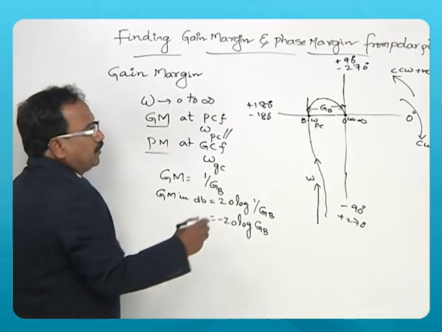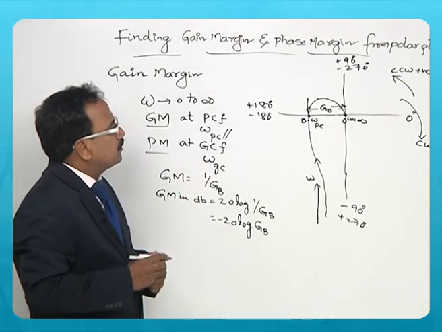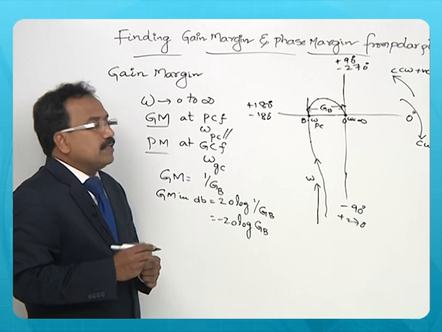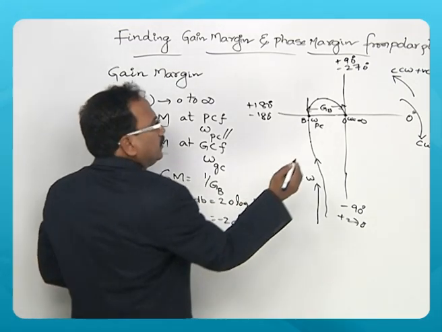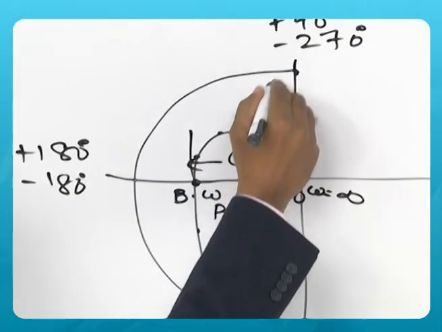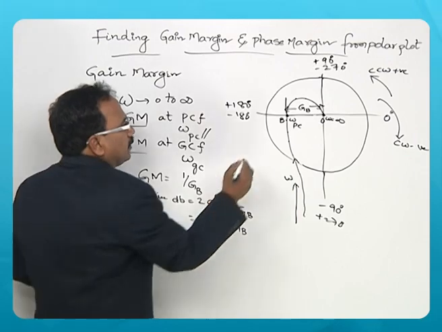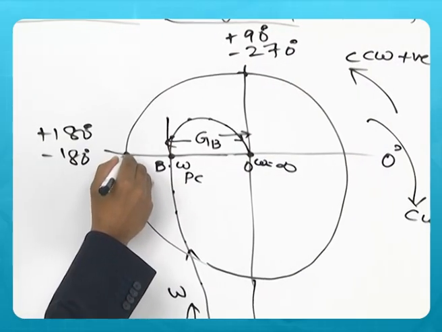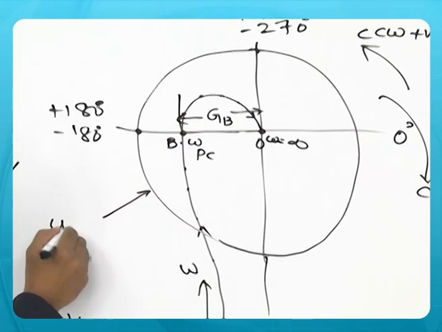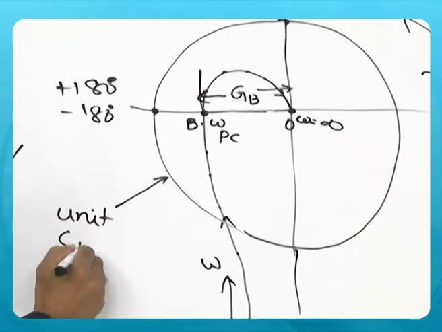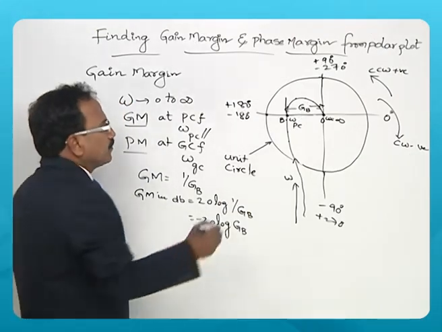Is the amount of gain at phase crossover frequency less than 1 or greater than 1? To know that, you need to draw a unit circle. It cuts the plot here. This is known as the unit circle, that means a circle with radius 1.